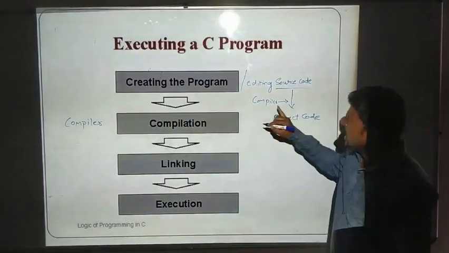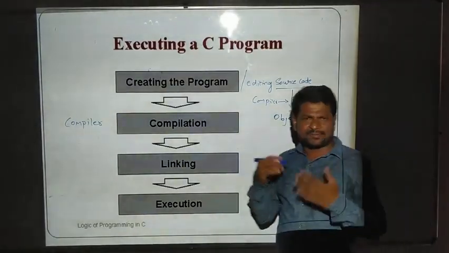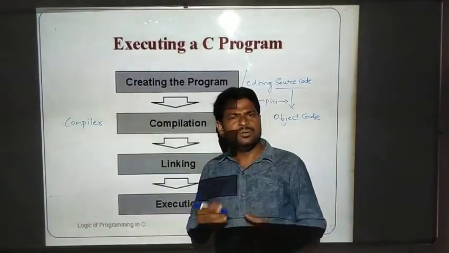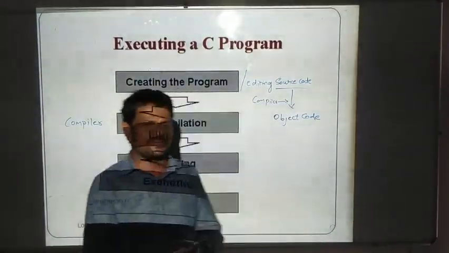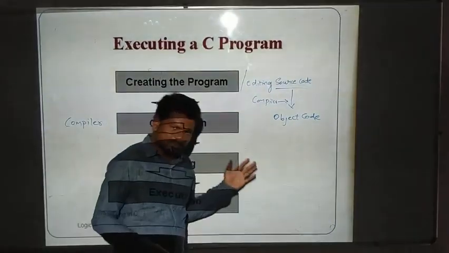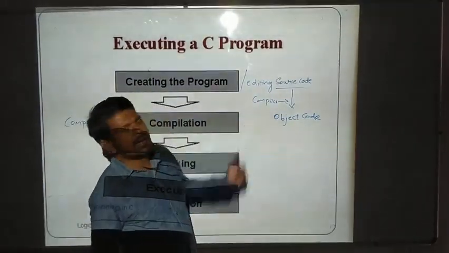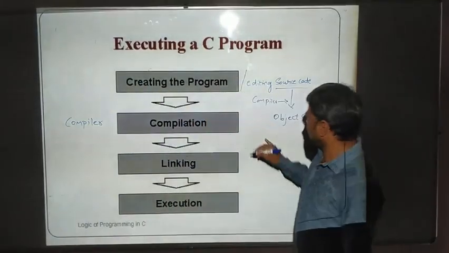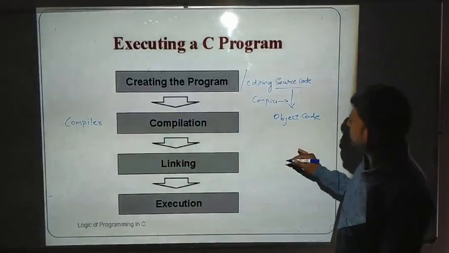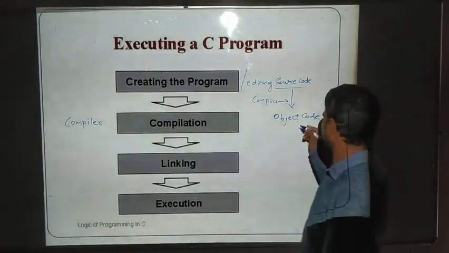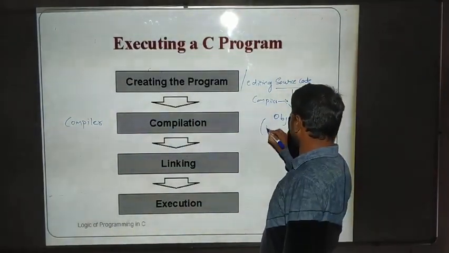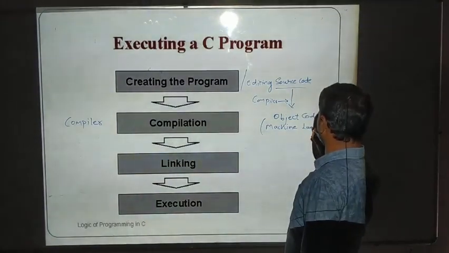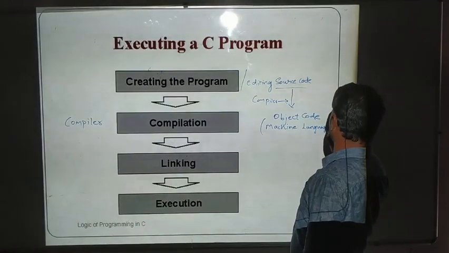Because we learned the compiler converts the human readable language into machine readable language. Okay. It converts the human language into what? Machine language or binary language. After converting, this code is in what? Machine language. Okay.